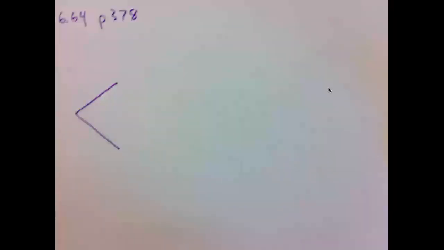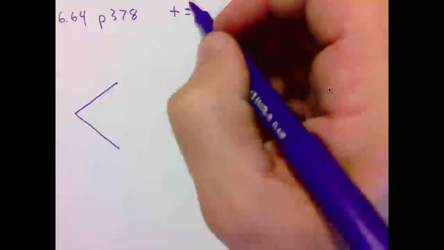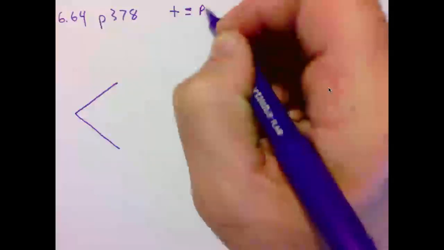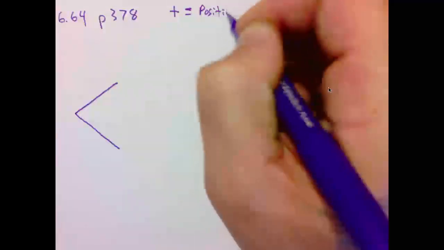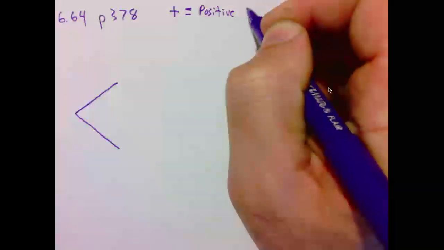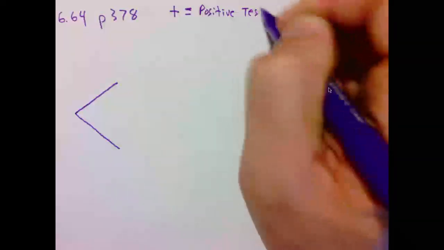In order to draw this diagram well, we'll need to define some variables in this problem. I'm going to say that plus will equal a positive test. That is, you took the EIA test and it came back positive.